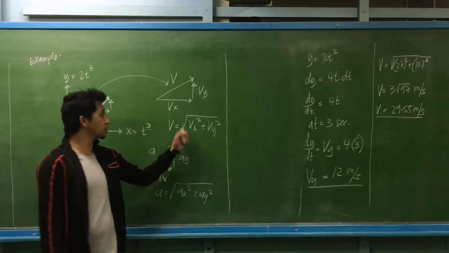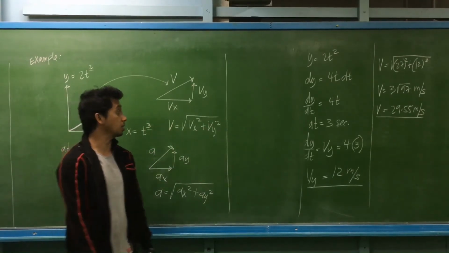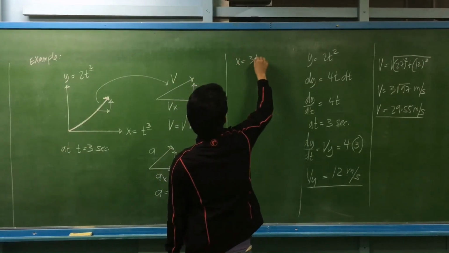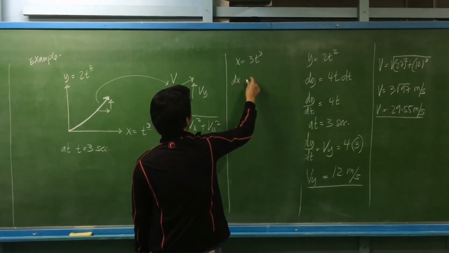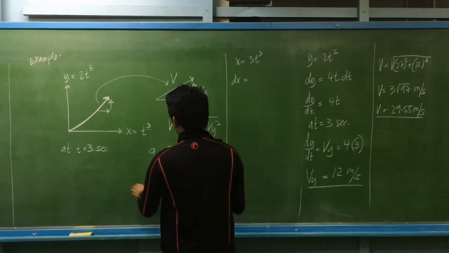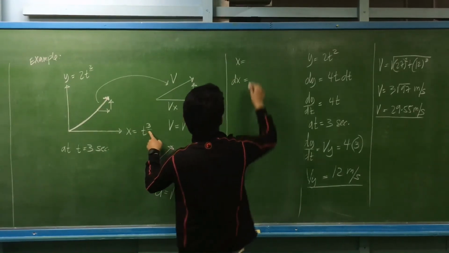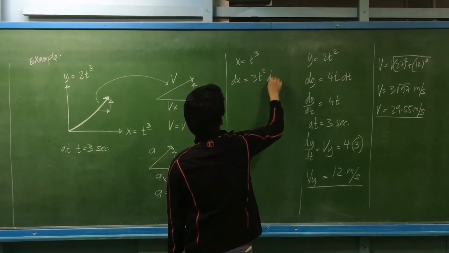So sabi natin, first derivative is the velocity, second derivative is the acceleration. So we have x is equal to 3t cubed. So first derivative, dx, is equal to, the equation of x, 3t cubed. First derivative is 3t squared dt.